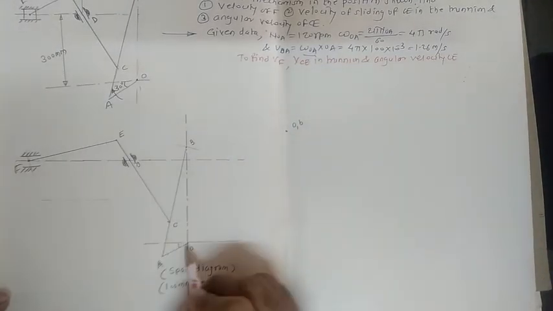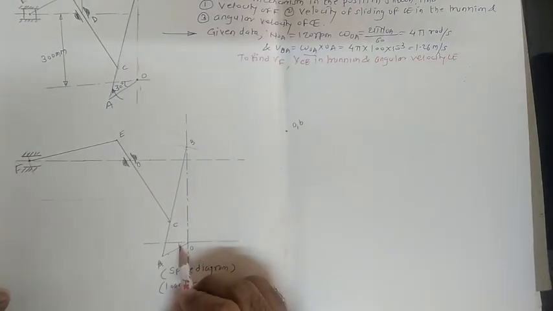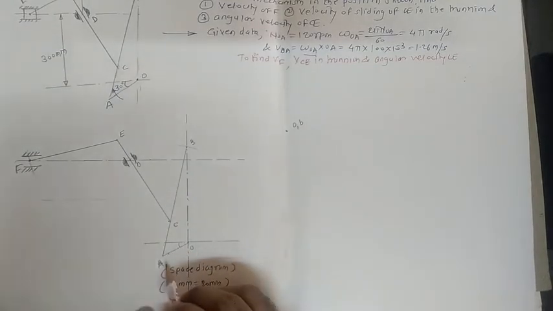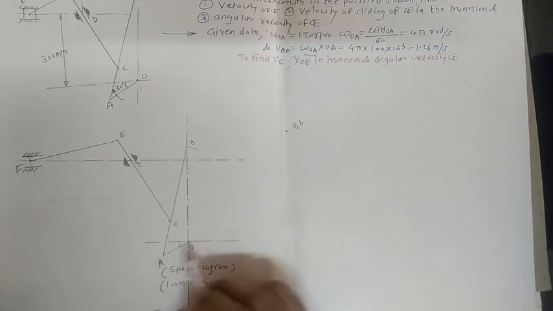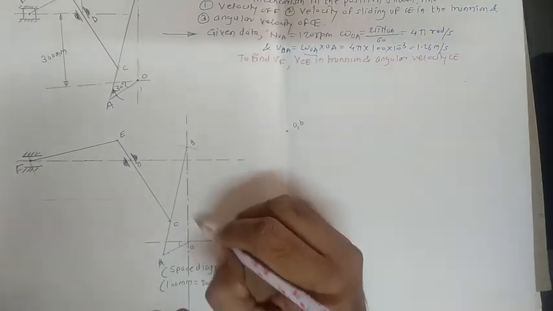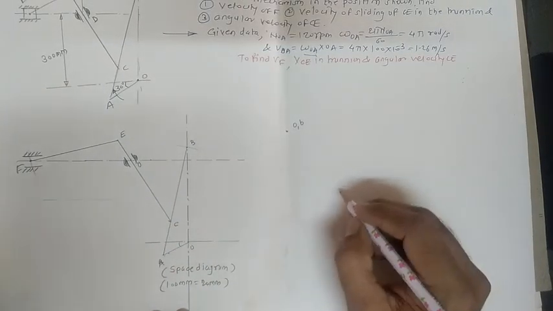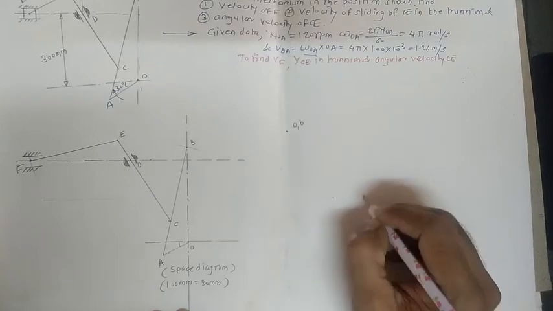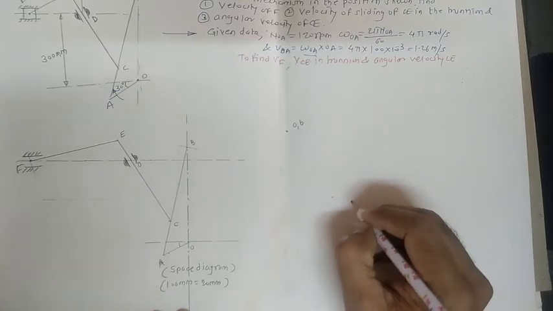Once this is located by us, now say the information regarding the link OA. This turns about this point in clockwise direction. I'll locate this one, OB, somewhere here so that I can easily draw the diagram.